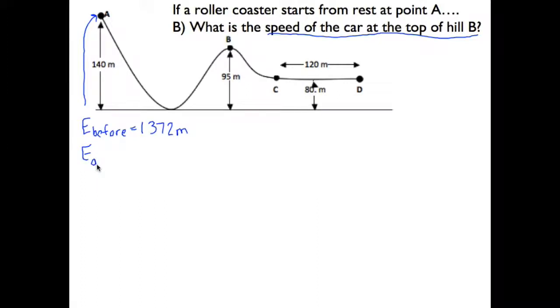And our E after, or at point B, we're going to have some potential energy because it's not on the ground, but we're also going to have some kinetic energy because it's moving. And we also know that our energy before is equal to our energy after.